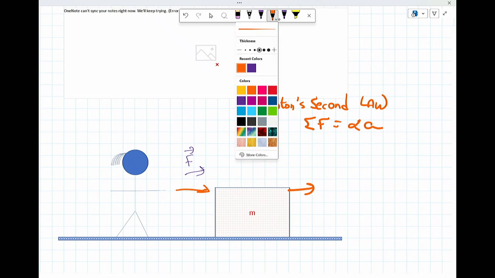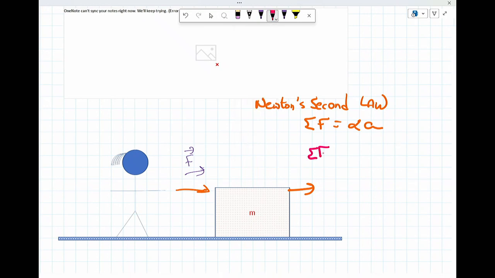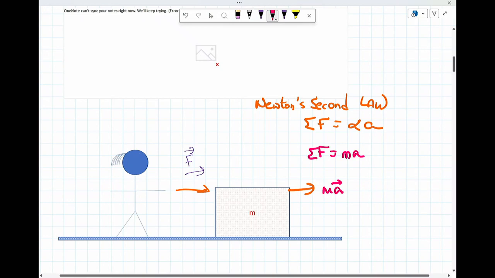As far as you're concerned, it's the sum of forces is equal to mass times acceleration. So that's the proportionality that you end up with. So this is the only equation in this course. Is there a question?